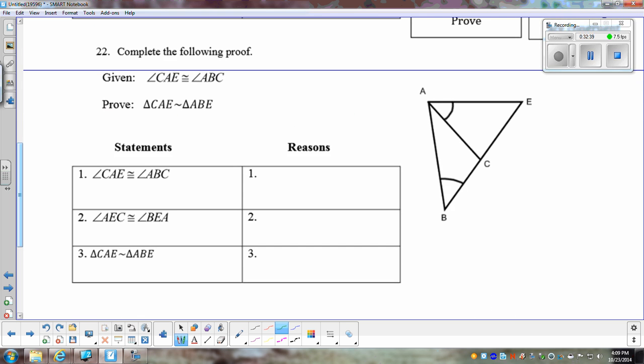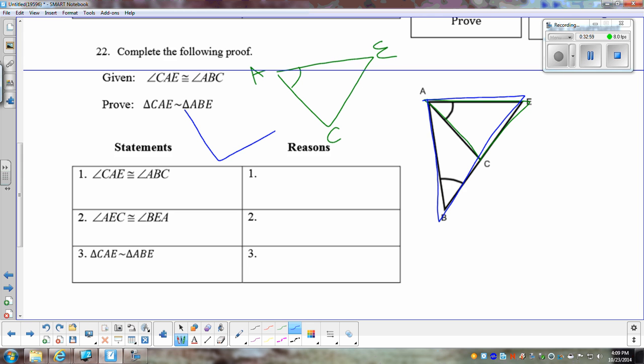All right, I am trying to prove that CAE is similar to ABE. I'll draw these out separately. So I have so far, I'm given that CAE is equal to ABC.